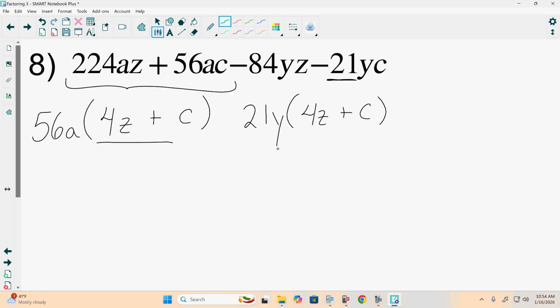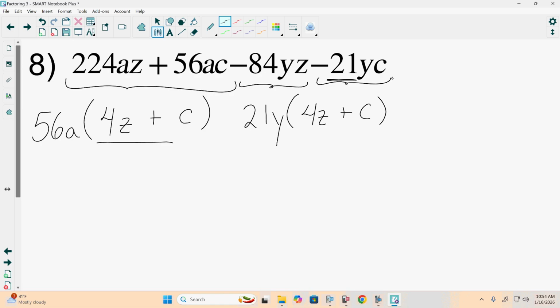Now, up to this point, we've put plus. We've just been positive, yes? But is there an issue with our signs for those second two? Because both of them are negative, yes? But what we need inside the parentheses is positive, yes? So what could I factor out of negative 84YZ and negative 21YC to make them positive?